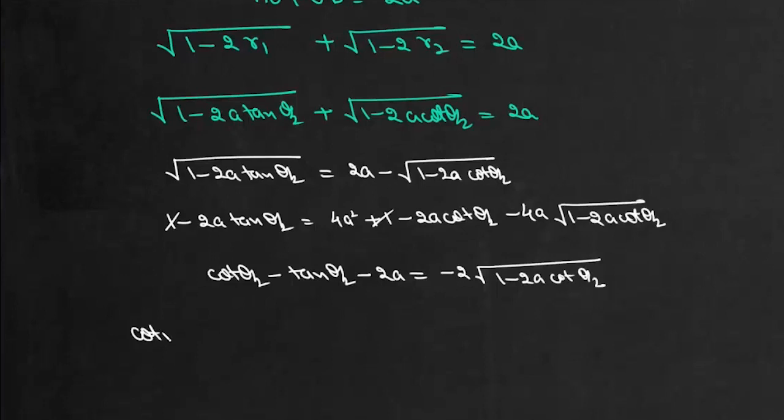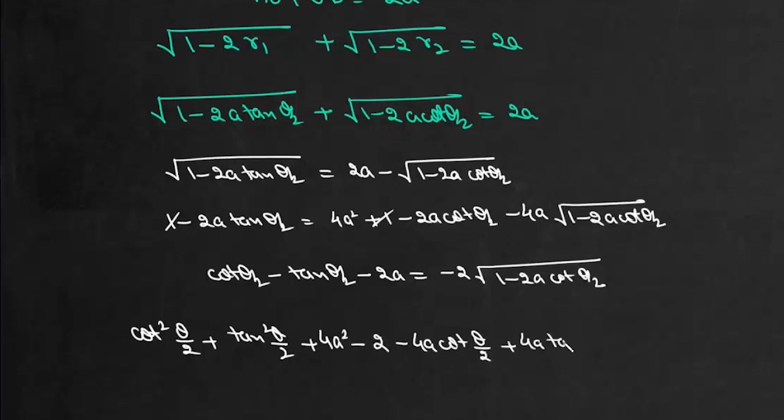We can write cot square theta by 2 plus tan square theta by 2 plus 4a square minus 2 cot theta into tan theta, which is 1, minus 4a cot theta by 2 and plus 4a tan theta by 2, it is 4 minus 8a cot theta by 2.